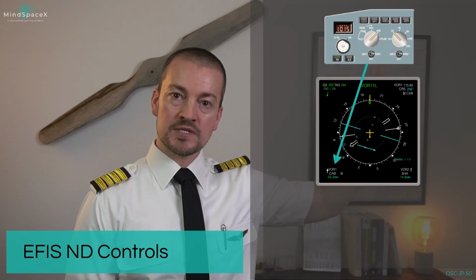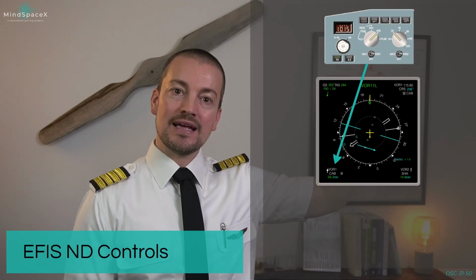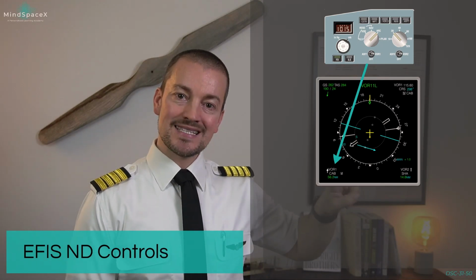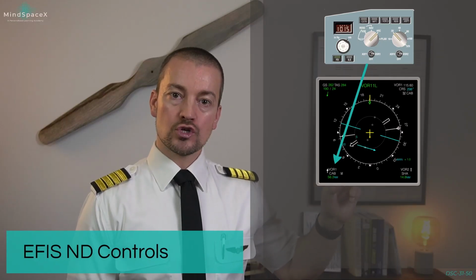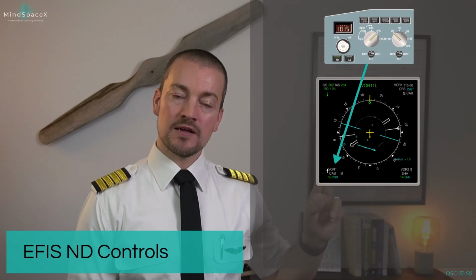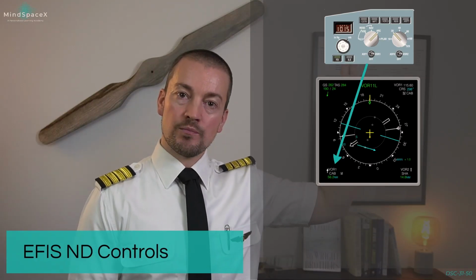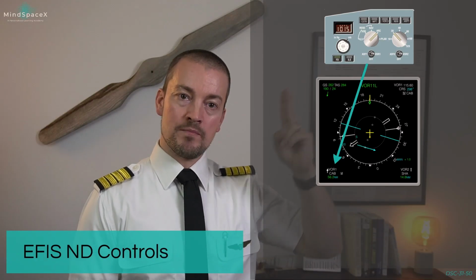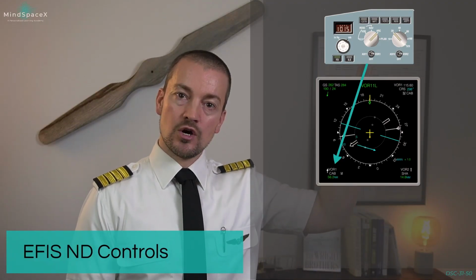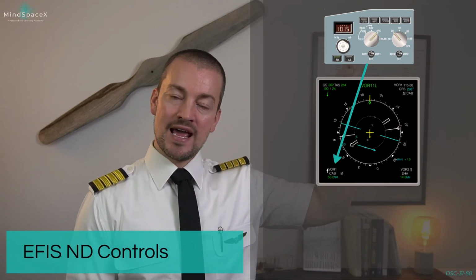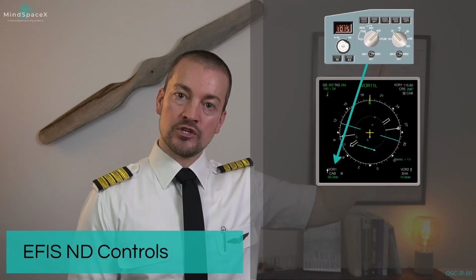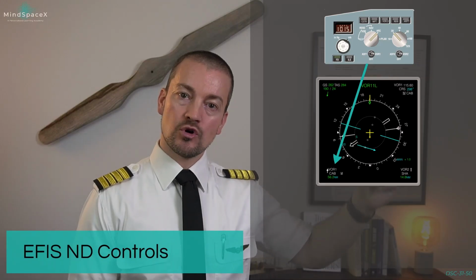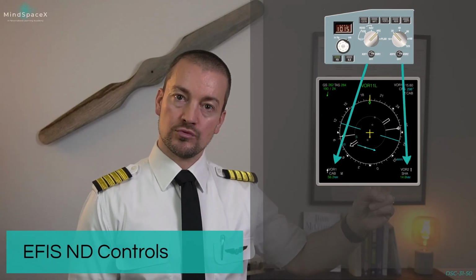These two selector knobs here dictate whether or not you're seeing the Navaids on your display, not whether or not they're tuned. So if you don't want to see the display of that Navaid, put the selector knob to the neutral middle position. Otherwise, putting that toggle switch to the left will show VOR number 1, and putting the other toggle switch to the left will show VOR number 2.